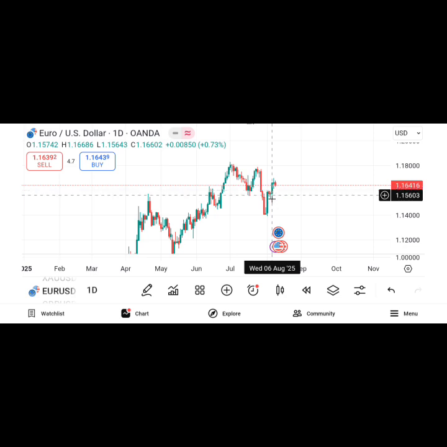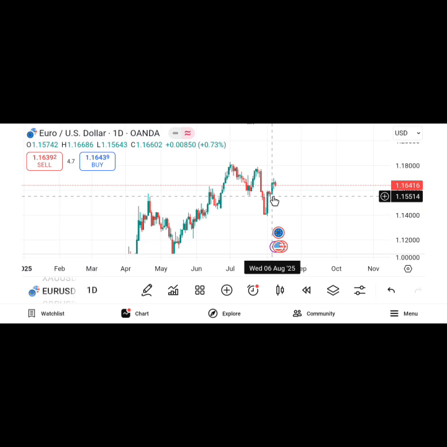As I hold down on this candlestick, look at this area. As at Wednesday, 6th of August 2025, the market opened at 1.15742. That was the open.